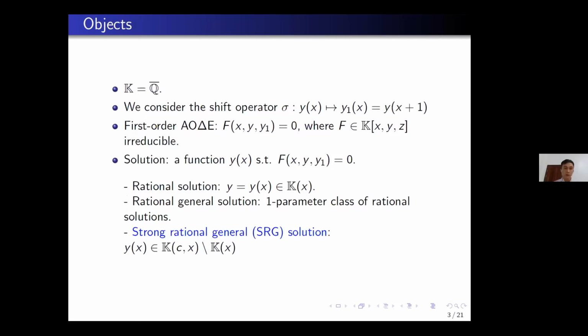In this talk, I assume that K is the field of algebraic numbers, but the theory can work for any computable field of characteristic 0. And the difference operator I consider here is a shift operator.